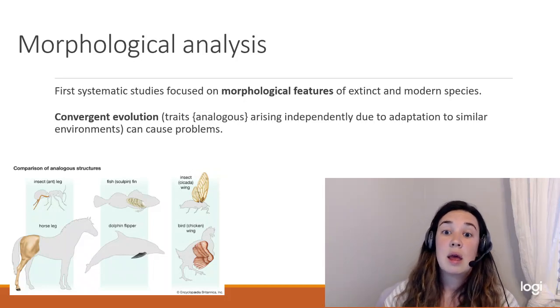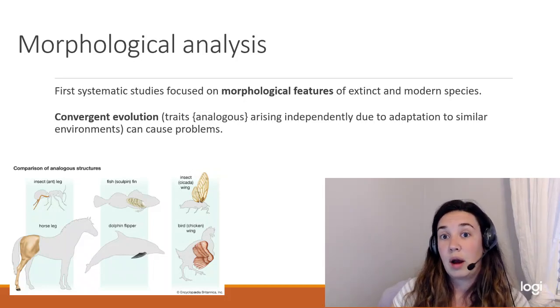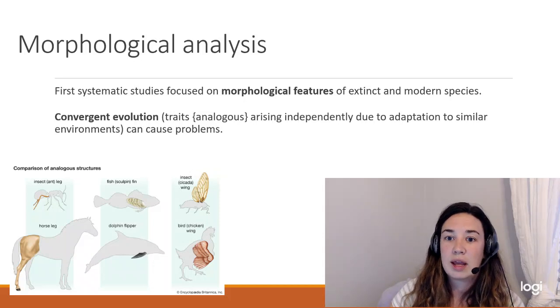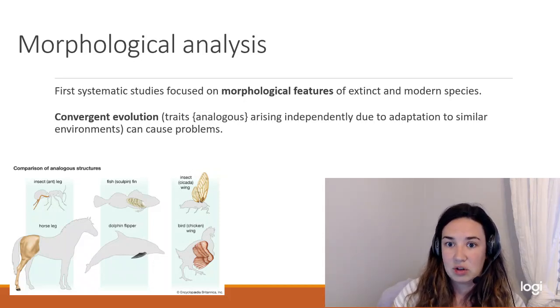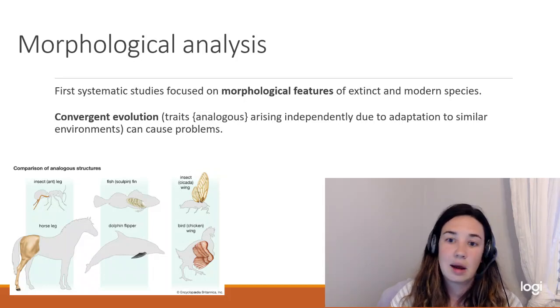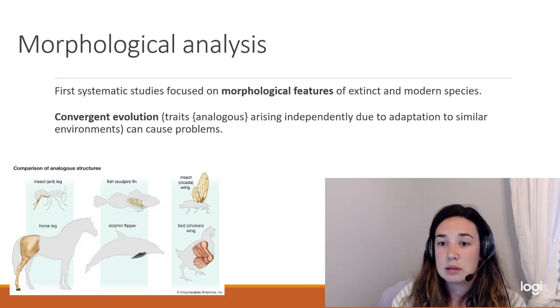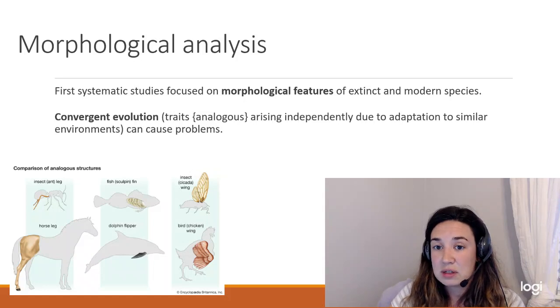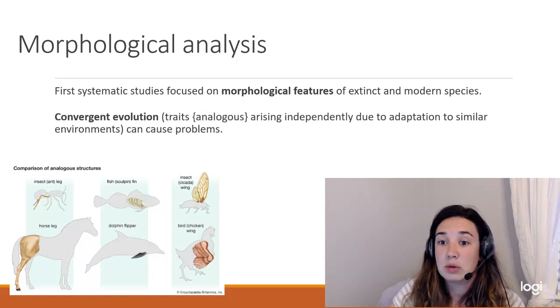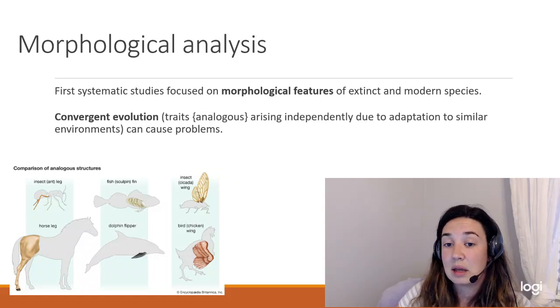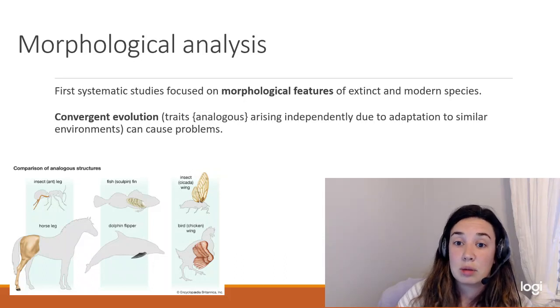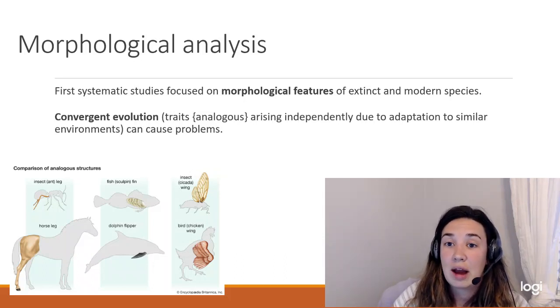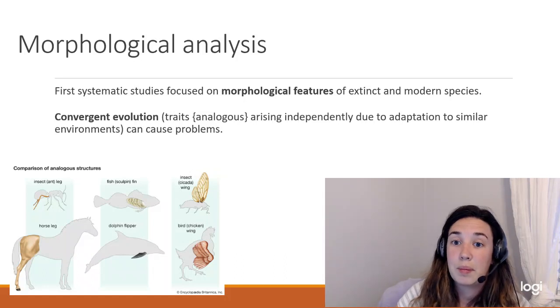So the studies that were done first were looking at actual physical traits that organisms had. That was the very first kind of study. Now we do some genetic studies as well, in addition to the morphological, and we look at geographical and geological things as well.